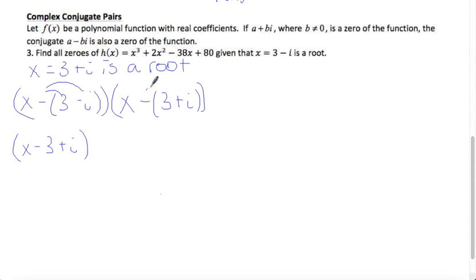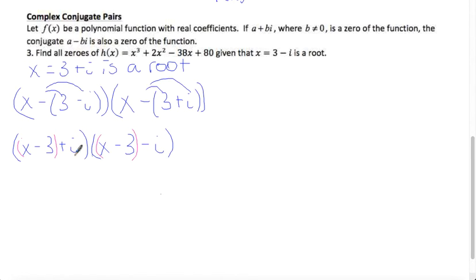And I'm going to do the same thing here. x minus 3 minus i. Now, I'm going to add another set of parentheses right here. I'm going to put my x minus 3's in parentheses.